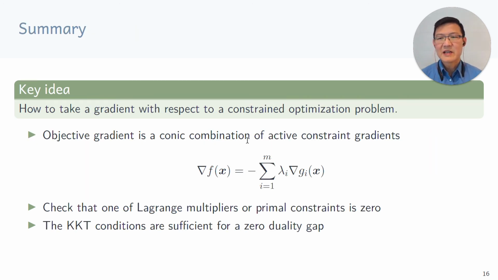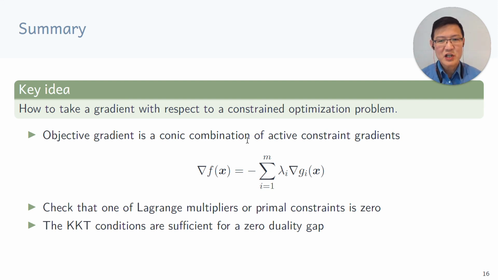In summary, we have seen how to take a gradient with respect to a constrained optimization problem, and we have done this using the method of Lagrange. We have seen that if we satisfy stationarity conditions, which is taking the gradient of the Lagrangian and setting it to 0, we get that the objective gradient is actually a conic combination of the active constraint gradients, as shown by the equation here.